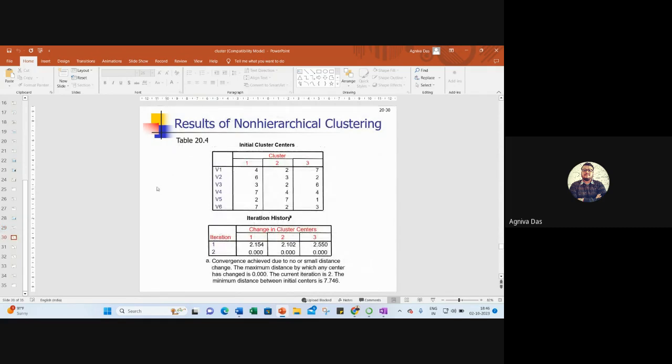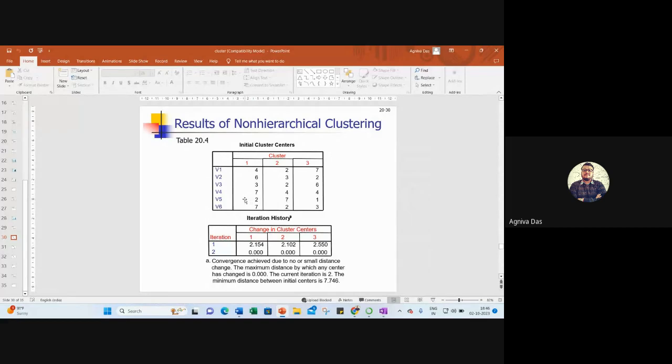As you can see in V1, in cluster 1 we have 463,727. In cluster 2 it has 232,472, and in cluster 3 it has 726,413. So as you can see in cluster 1, 7 and 7 and 6, so V2, V4 and V6.